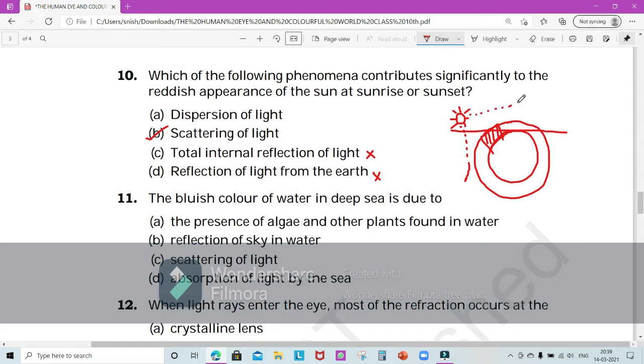This is the blue light; it goes away while the red light, like here, reaches your eyes. So red light reaches our eyes, making the sky look red in color. So this is due to the scattering of light only, through the refractive indexes of the atmosphere, and that's why it appears red in color.